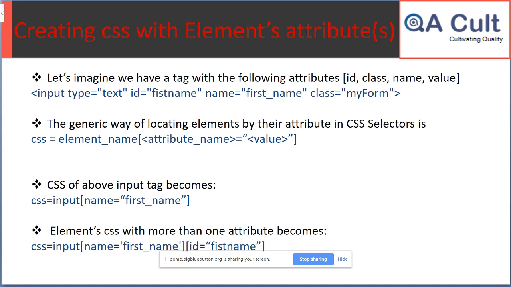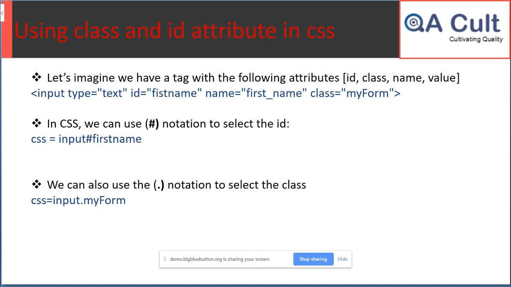I would also like to tell you that sometimes it is not possible to identify the web element with a single attribute. Then we have to use multiple attributes, and that's why in CSS when we use two attributes, they are written in square braces, like written below, the input name tag and ID tag. You can see that we can also use hash notation for the ID in CSS.